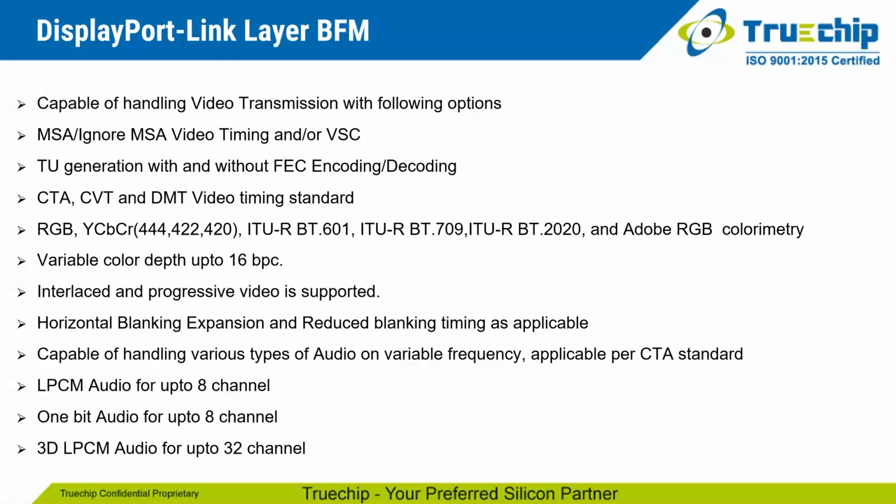RGB, YCbCr 4:4:4, 4:2:2, 4:2:0. ITU RBT 601, ITU RBT 709, ITU RBT 2020 and Adobe RGB colorimetry. Variable color depth up to 16 bpc, interlaced and progressive video is supported.